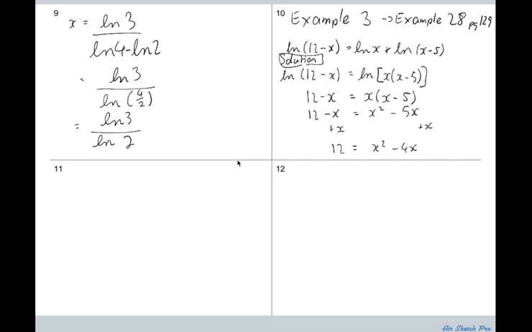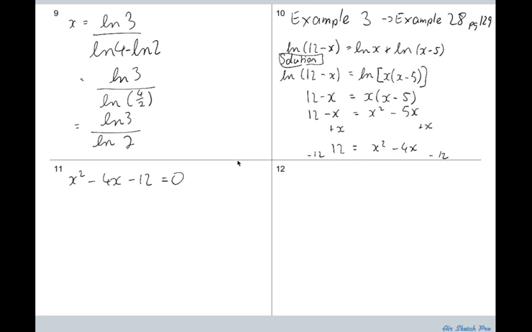Because I've got a quadratic, I know that I'll need to use quadratic tools in order to solve this. So I'm going to have to subtract 12 as well. Switching sides, I've got x squared minus 4x minus 12 is equal to 0. I just subtracted 12 from both sides and then flipped the sides.